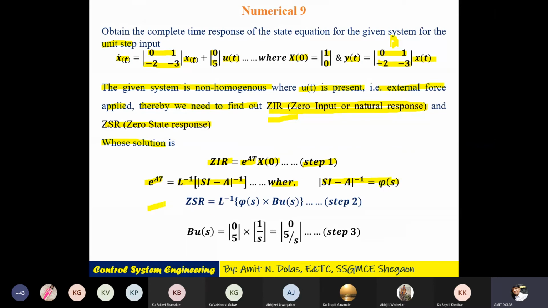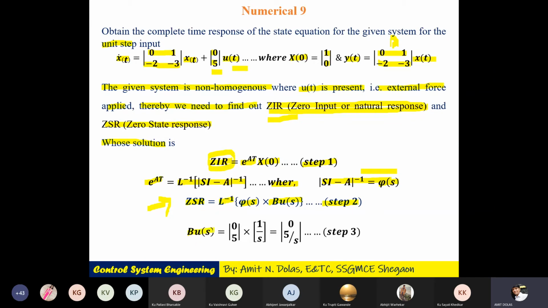And how to compute the zero state response? That was the zero input response. The zero state response is the inverse Laplace of phi of s, from the above equation, into Bu of s. You know what B is? This is B and this is u. Bu of s. This is step 2.